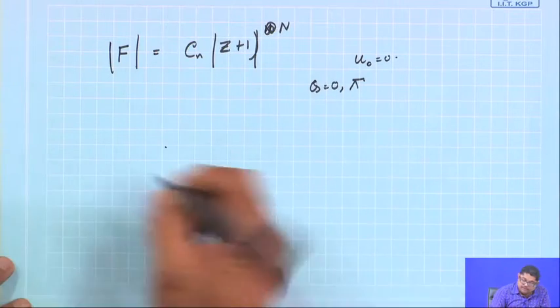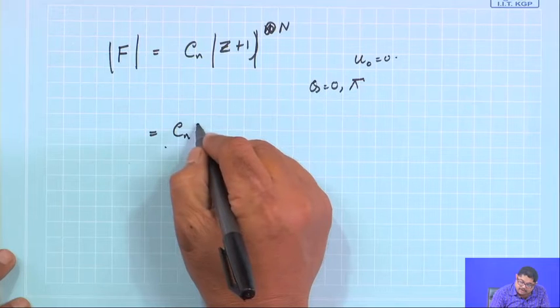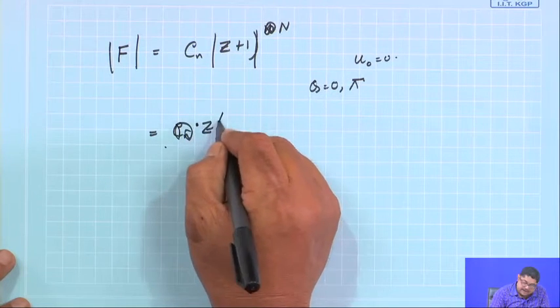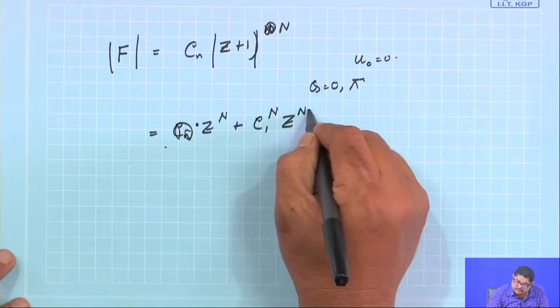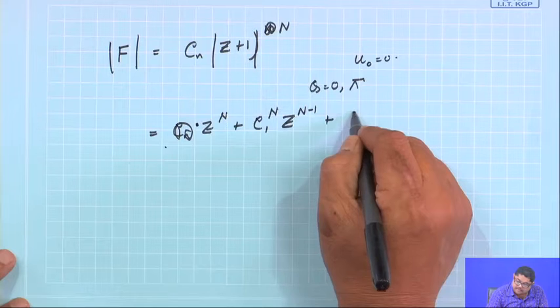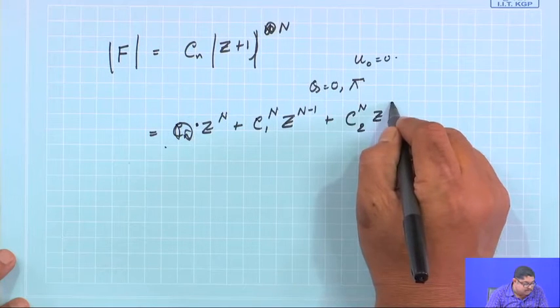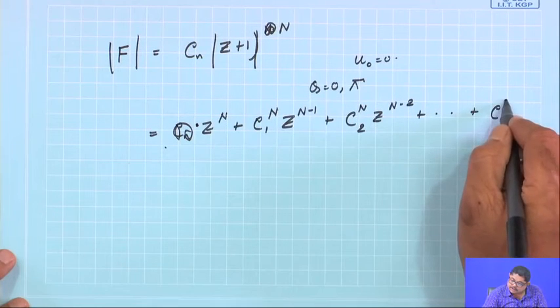And if we expand this, then we get that Butterworth, binomial thing. So, it becomes z^n plus n z^(n-1) plus nC2 z^(n-2) etc., plus nCn.